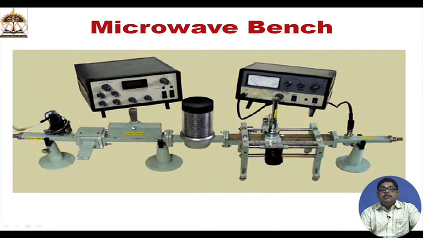Now, this is a typical microwave bench. Here you see this is the detector diode, inside this mount is a coaxial mount, and through this detector diode the signal is taken to the VSWR meter for finally displaying.